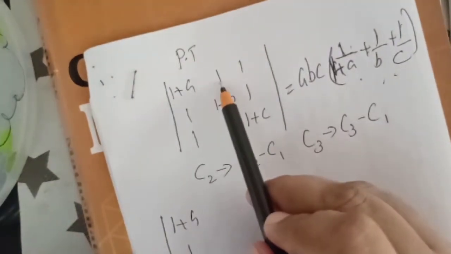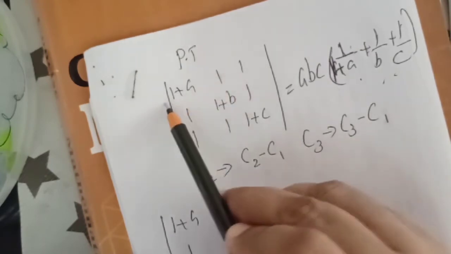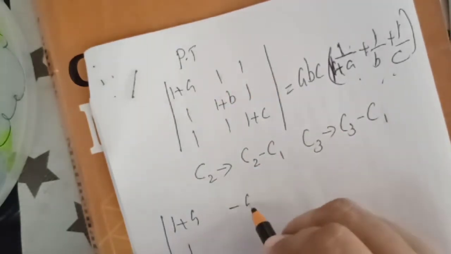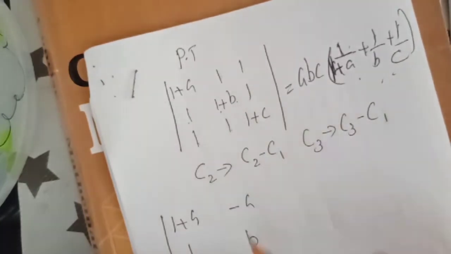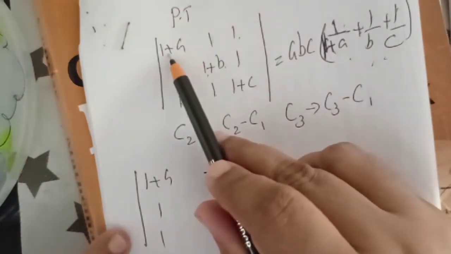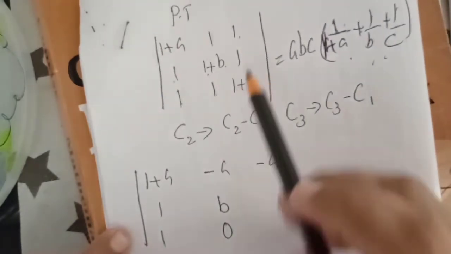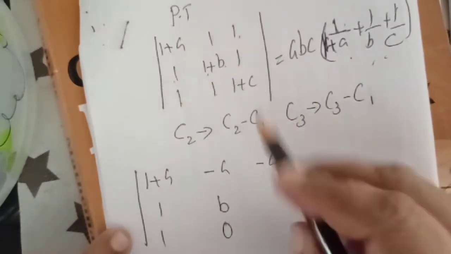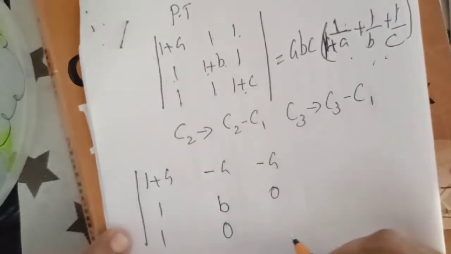Look at 1 minus 1 minus A: 1 minus 1 cancel, minus A. 1 plus B minus 1 is B. 1 minus 1 is 0. Then 1 minus 1 plus A means minus A. 1 minus 1 is 0. 1 plus C minus 1 is C.